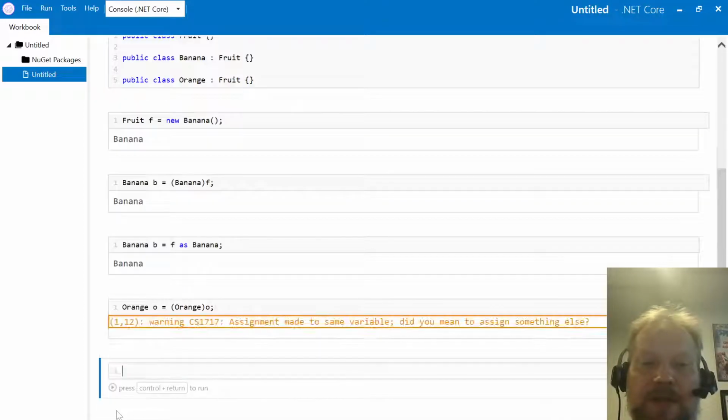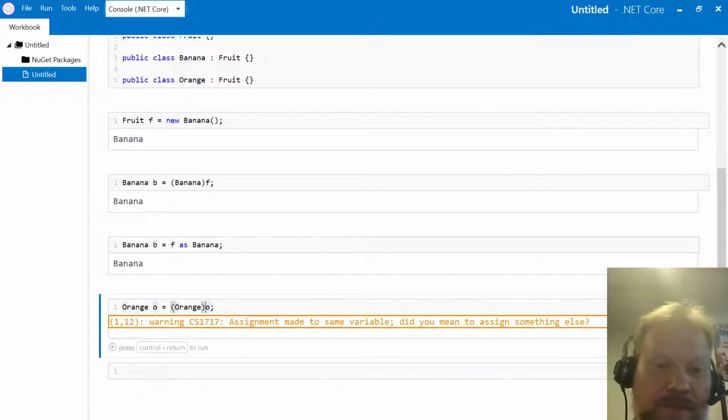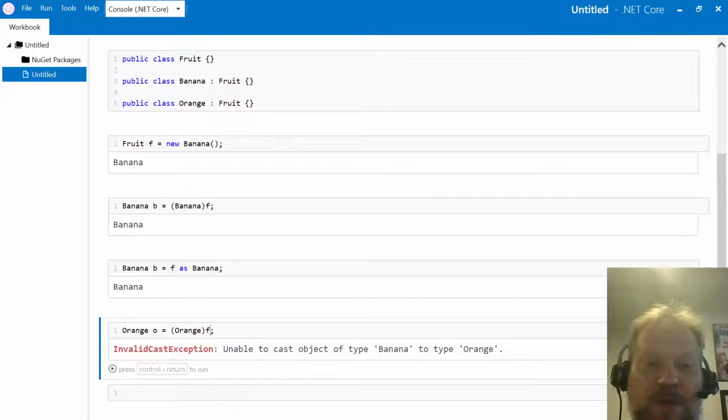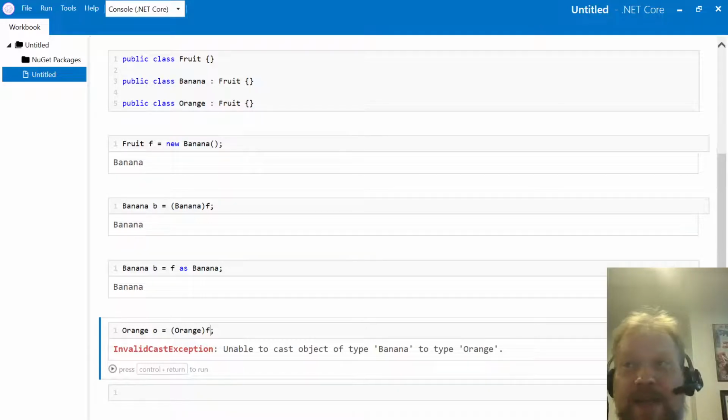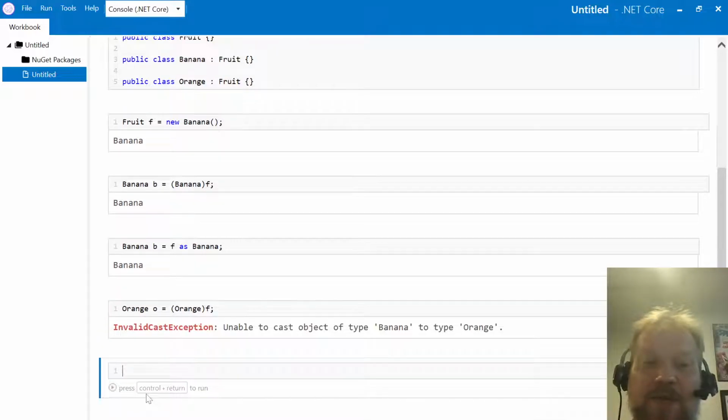So if I run this, if I'm casting our fruit variable to be an orange, I get an invalid cast exception. This throws an error saying I can't turn a banana into an orange. They both have fruit information, but this actually has banana information, not orange information. I can't make those two glom together.